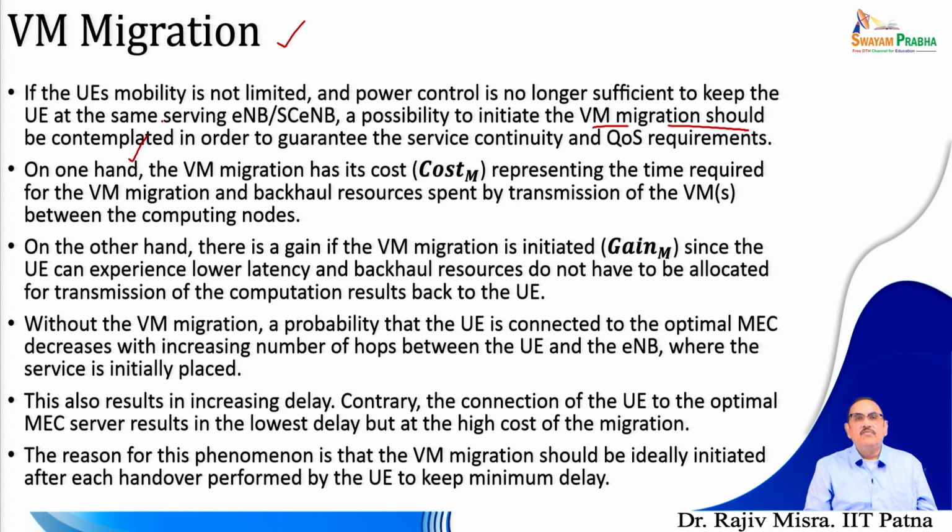On one hand, the VM migration has its cost, called cost of M, representing the time required for VM migration and backhaul resources spent by transmission of VMs between the computing nodes. On the other hand, there is a gain if VM migration is initiated, called gain of M, since the user equipments can experience a lower latency and backhaul resources do not have to be allocated for transmission of computation results back to the UEs.